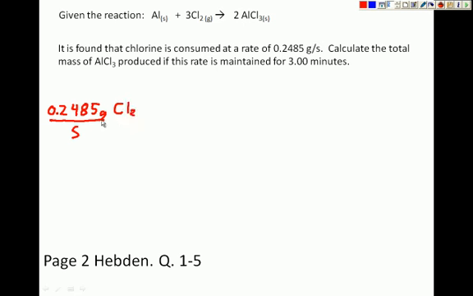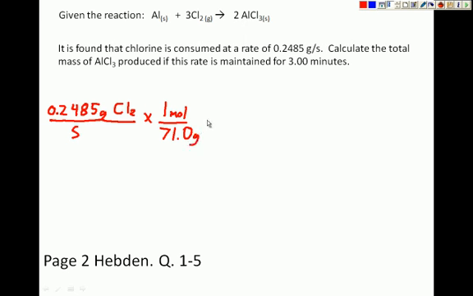So I'm going to write that part of my equation. First thing I want to do is change this into moles of chlorine per second. So I'm going to change this to moles of chlorine by multiplying by 1 mole over the molar mass of chlorine gas. Chlorine is 35.5, but since there's 2 of them, it's 35.5 times 2, which is 71.0 grams.